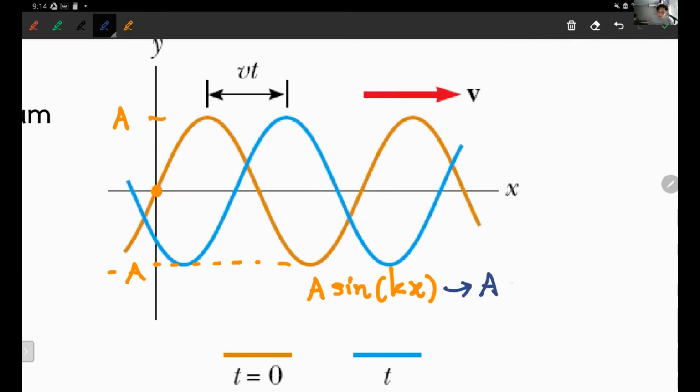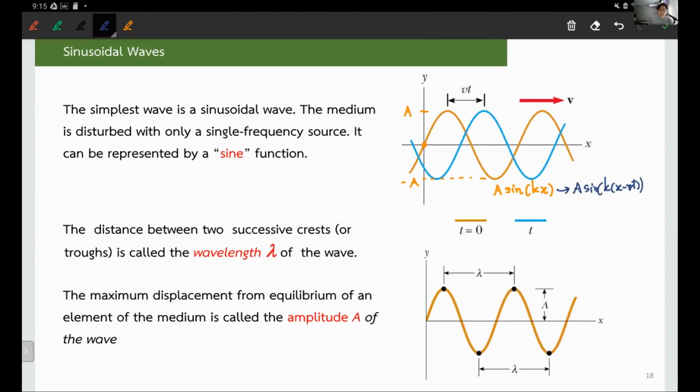It's going to be A sine(kx - vt). Done. Are you with me, guys? That is a traveling sinusoidal wave with the speed v. Cool. And that's what the simulation showed you before.